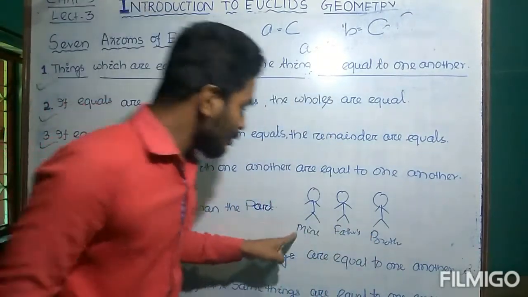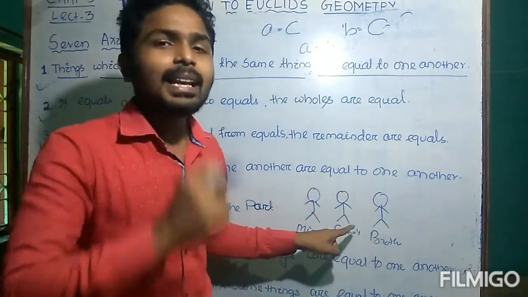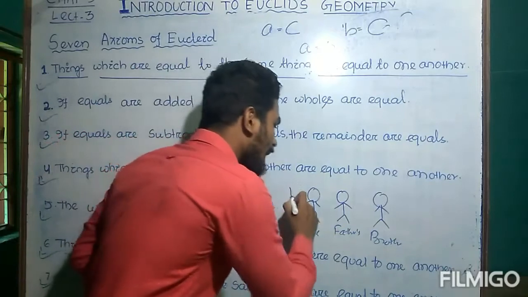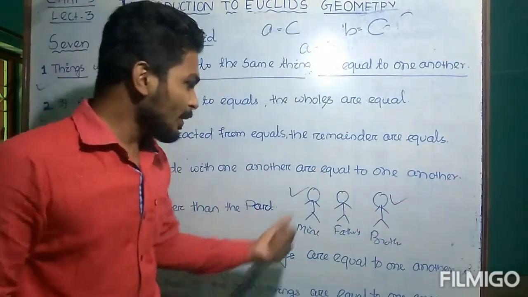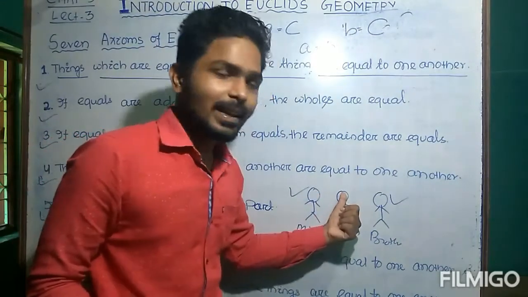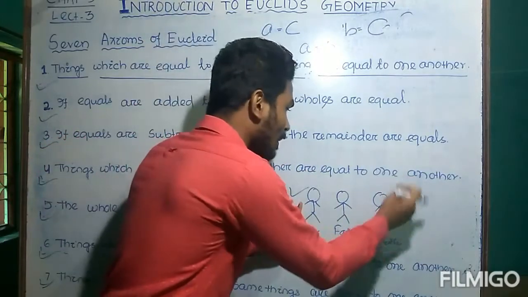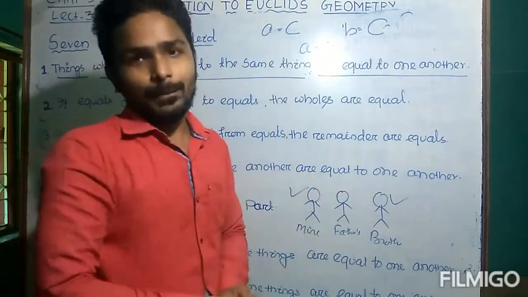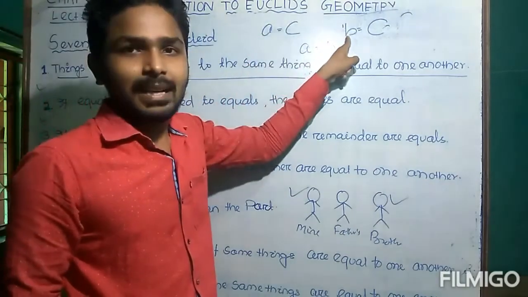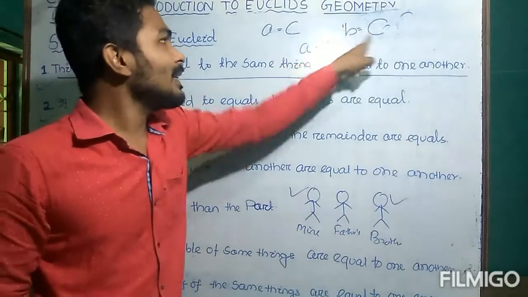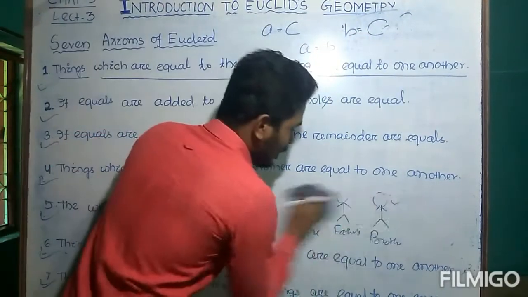Can I say that my height is also equal to my brother's height? Yes, because my height is equal to my father's height, and my brother's height is also equal to my father's height. That means my height and my brother's height are also equal. This is the first axiom: if two things are equal to the same thing, then these two things are equal. Understood? So this is our first axiom.